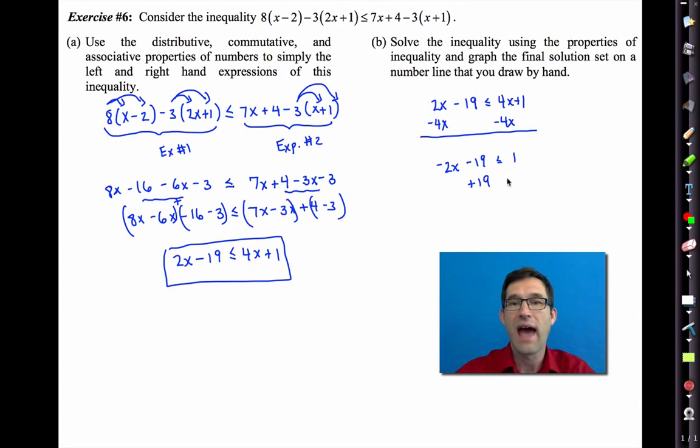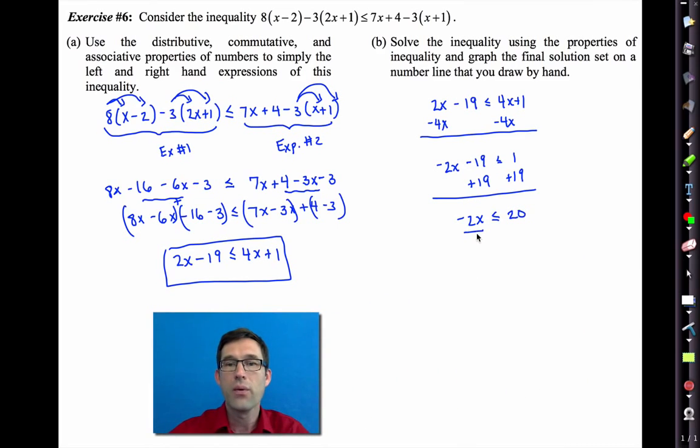We'll again use the additive property of inequalities to add 19 to both sides. Negative 2x is less than or equal to 20. And now we will use the multiplicative property of inequality, but we have to watch out here because we divide by a negative. We'll get x is greater than or equal to negative 10. There's our solution.